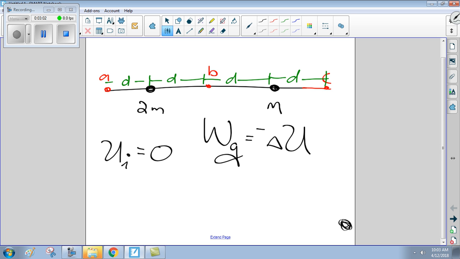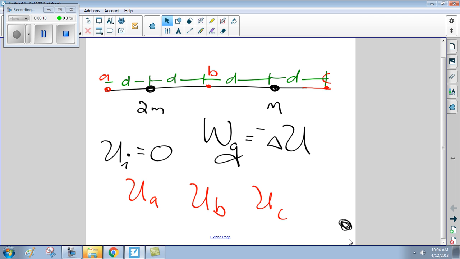Okay? So regardless, I'm going to start with an initial gravitational potential energy of 0. So let's do this. Let's rank the gravitational potential energy at A, B, and C. Which of those 3 do you guys think would be the biggest, and why? Sure, what do you got, Adam?